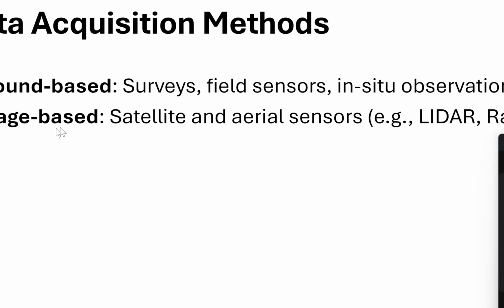And then there are some image-based, like satellite or aerial sensors, like lidar, radar. These sensors scan the ground and give some images, and from that you can get the data.